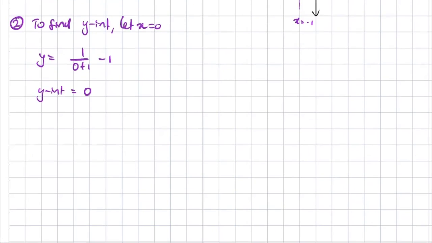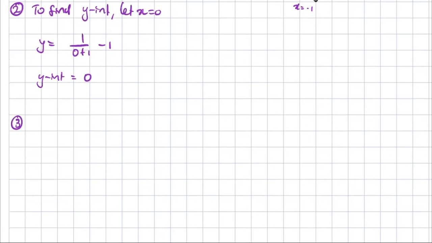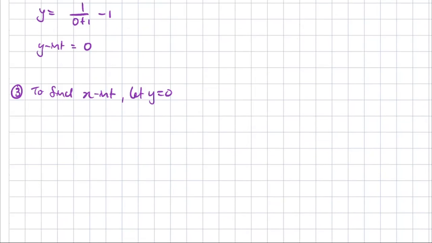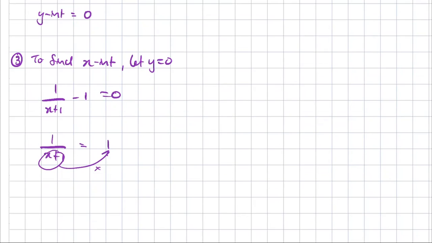Step 3, we want to find the x-intercept. Usually, when you're finding your x-intercept with hyperbolas, it's a little bit harder. You have to play around with the equation a little bit, but it's okay. We're just going to let the whole equation equal 0. So we have 1 over x plus 1, minus 1, equals 0. So 1 over x plus 1 is equal to 1. Essentially, we're going to take this whole denominator up and multiply, because it's a divide here, so we do the inverse operation.